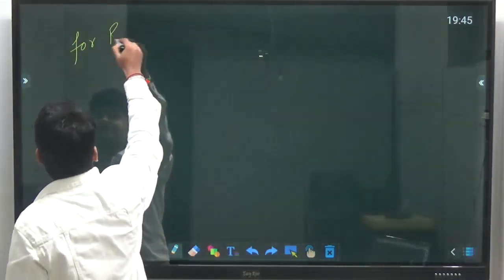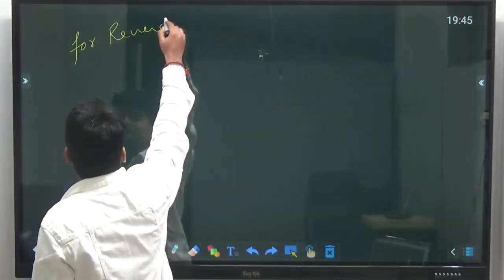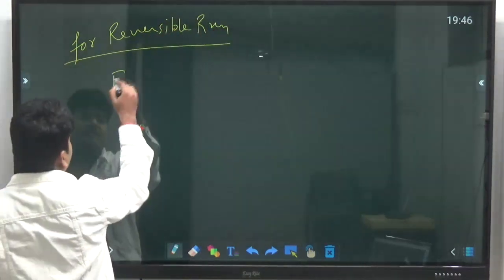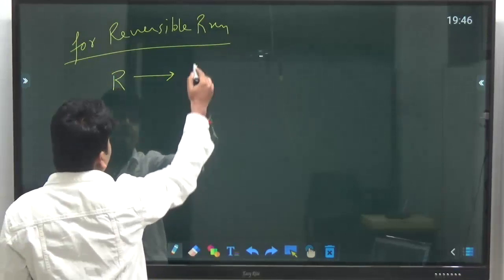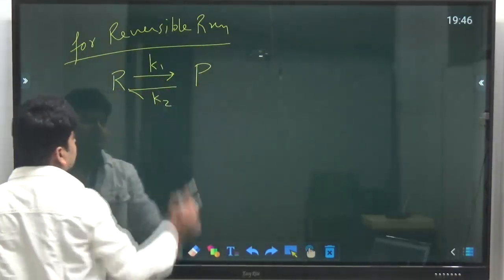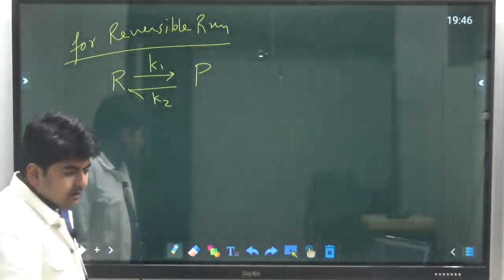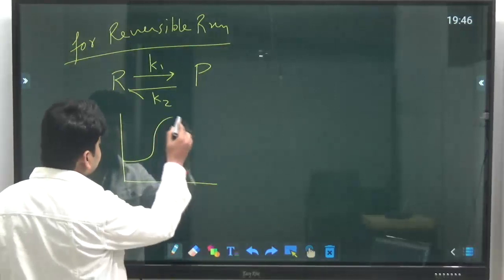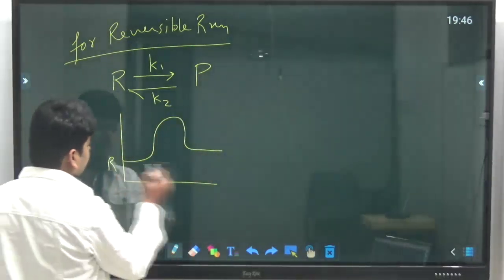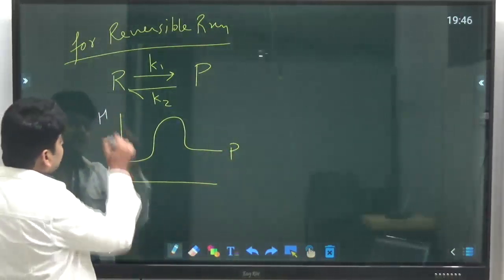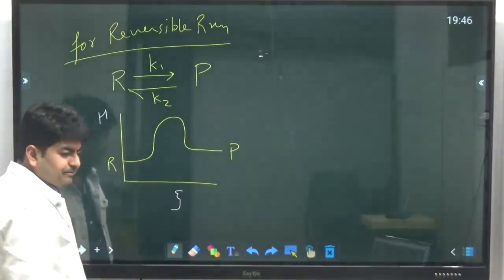Now let's talk about the reversible reaction. Let's say R gives P, with rate constants K1, K2. For a reversible reaction, one important point that you should know: this is the Arrhenius plot, I hope you understand.